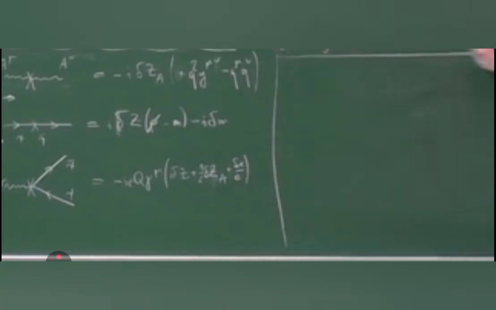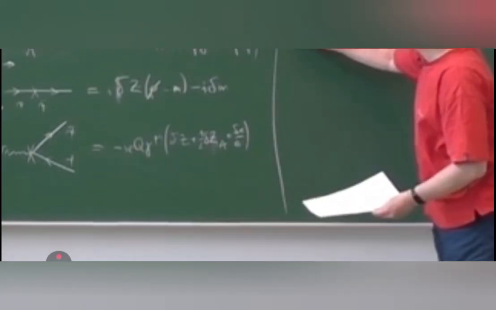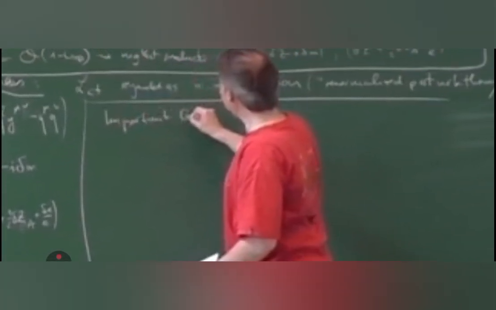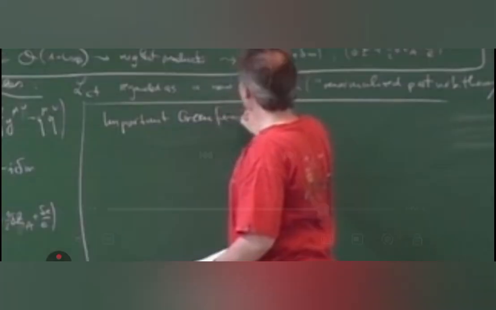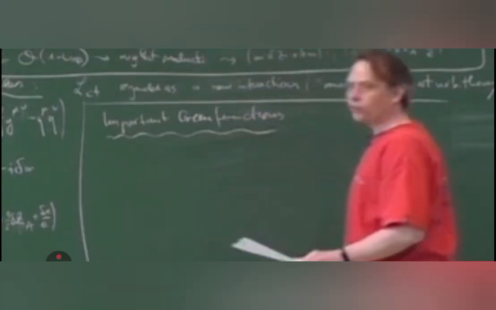So then, once we have these counter-term Feynman rules, we can look at their impact on interesting Green functions as alluded to on the outline over there on the left. So what are some important Green functions? Let us define simply their names and analyze their structure for later calculations.